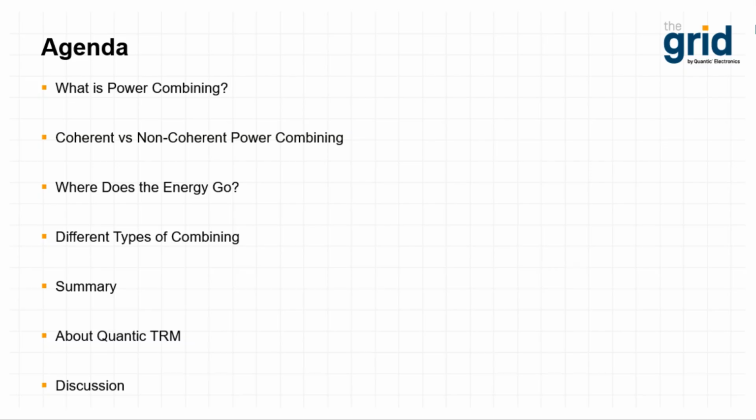We're then going to go through different types of combining as far as the different methods that we can use to effectively combine power. Going to have a summary, and then we're going to talk a little bit about Quantic TRM, and then we're going to have a little discussion there talking about some other aspects of power combining that we may have missed.